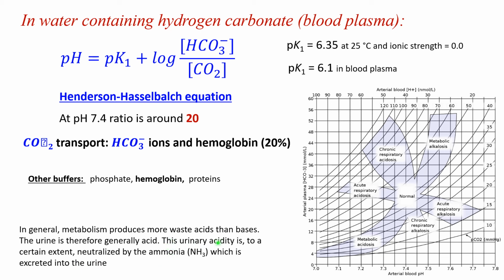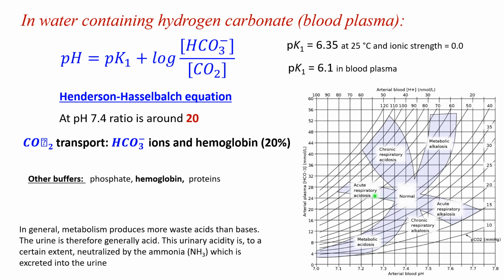By changing acidity of urine, we can change balance of what's coming out of our body. Now, our normal pH is 7.4. What will happen if I have breath problems? For example, my lungs do not work well.